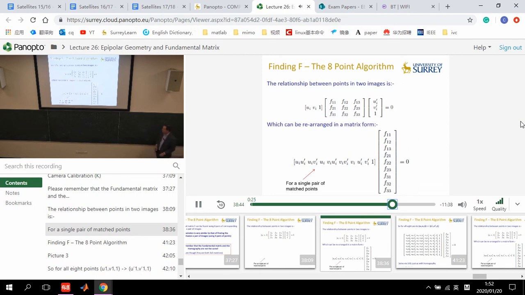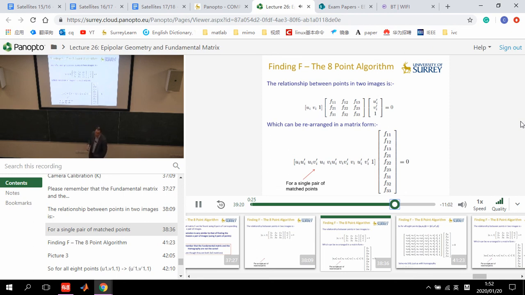How can we rearrange this into this form? Let's do it on the board. If I multiplied the fundamental matrix with the right-hand point first, then I would get a vector. What would that vector be? It would be f11 u' plus f12 v' plus f13 times 1.